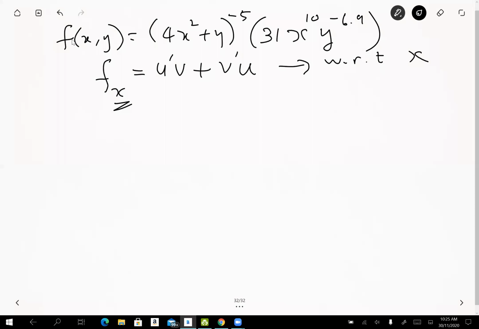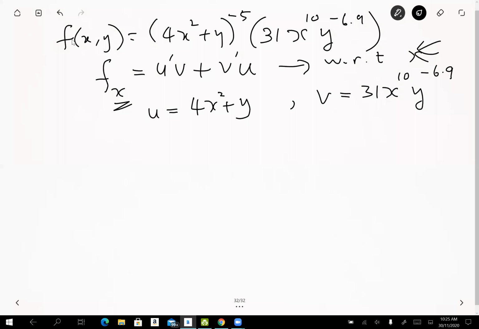So you let u be equal to the first term, 4x squared plus y, and then you take v as the second term, 31 x to the power of 10, y to the power of negative 6.9.